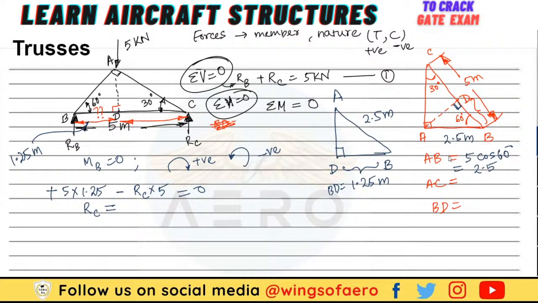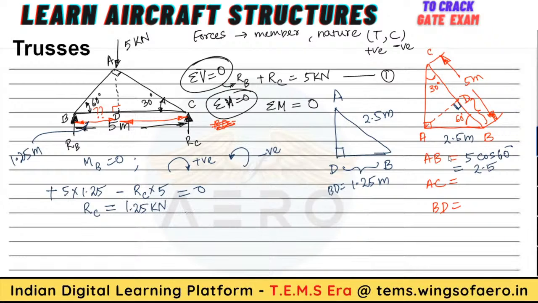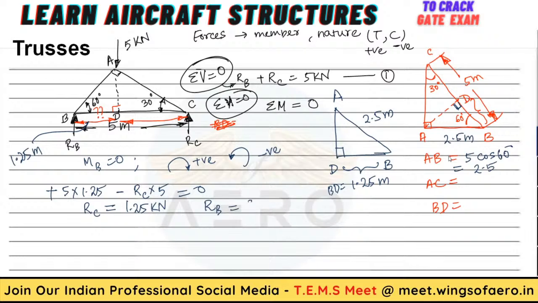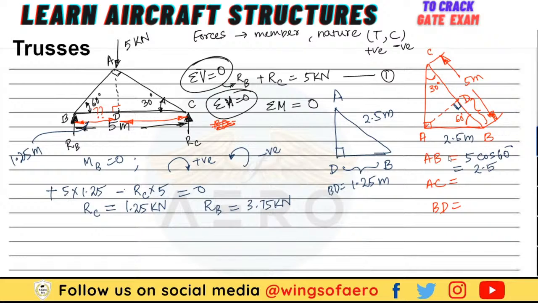Find out and tell me the answer. 1.25 kilonewton, right? Now if I know the RC value is 1.25, I can find RB, which is 3.75. Yes, 3.75 kilonewton. Okay, right? Now I got these points.